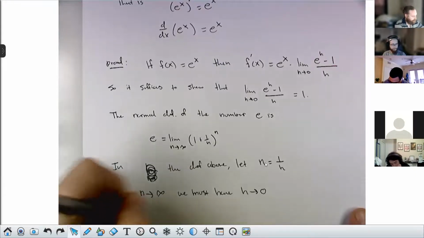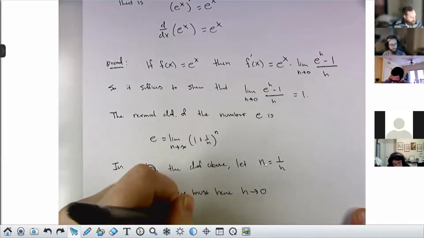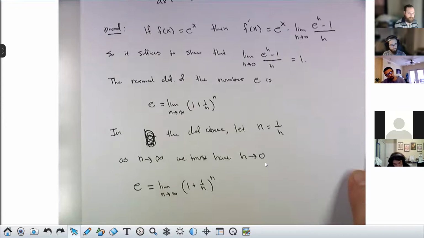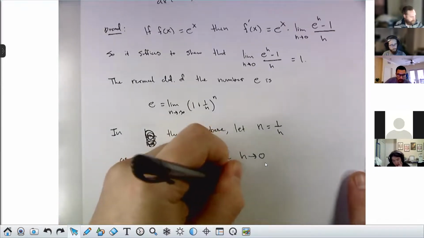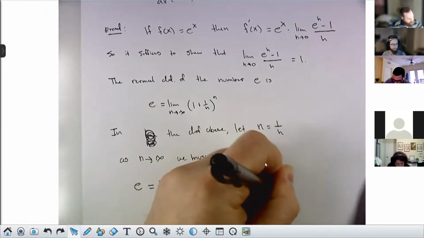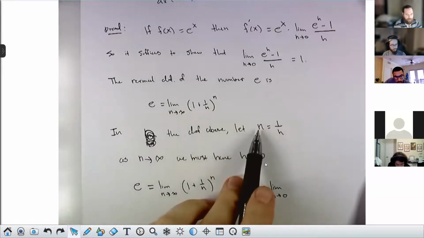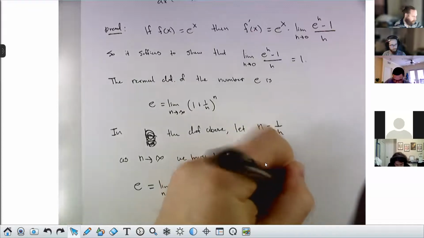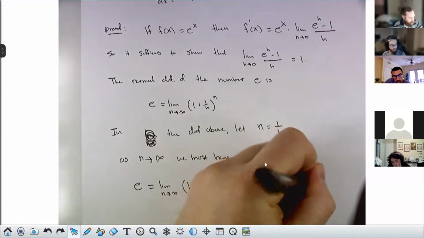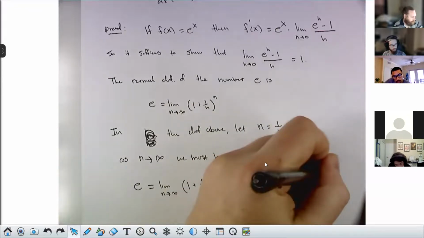So if e is by definition equal to the limit as n goes to infinity of 1 plus 1 over n all to the n, this is the same as saying e is equal to the limit as h goes to 0 of, everywhere there's an n, I write 1 over h instead. So that's 1 plus 1 over n is h, 1 over h. And then n is 1 over h.